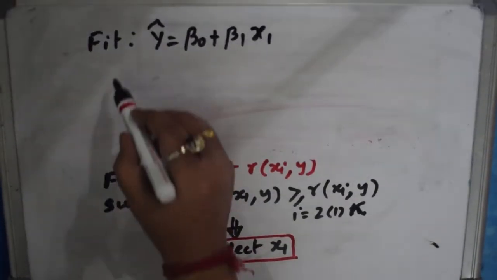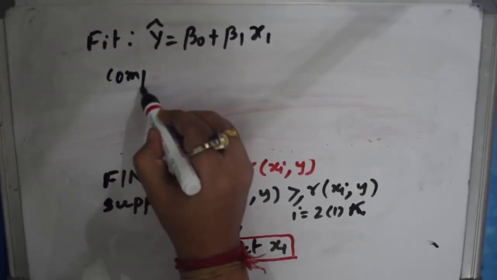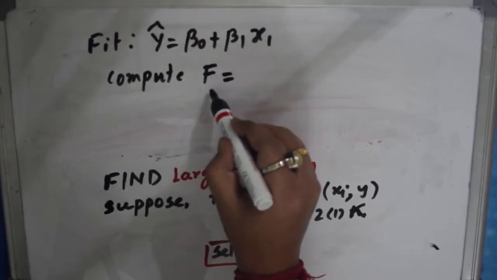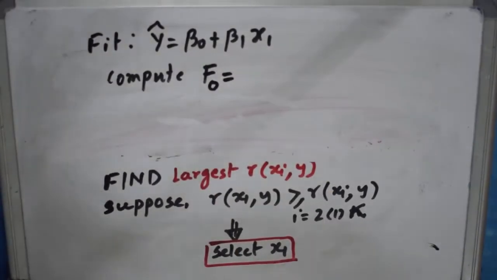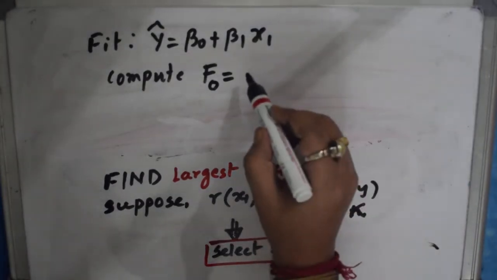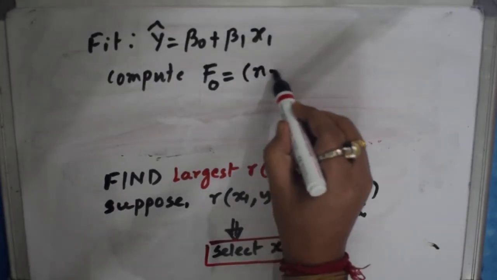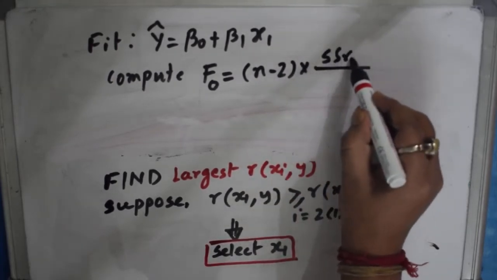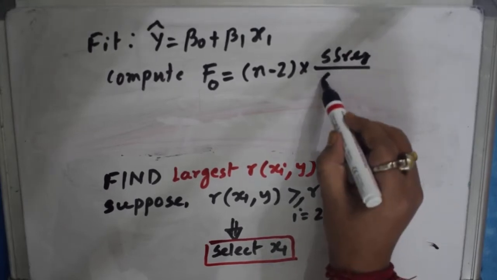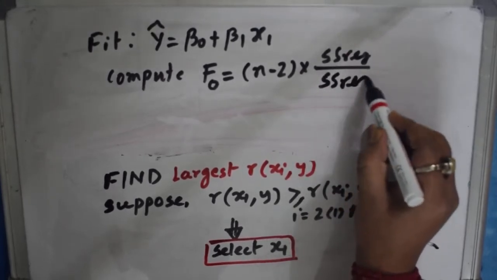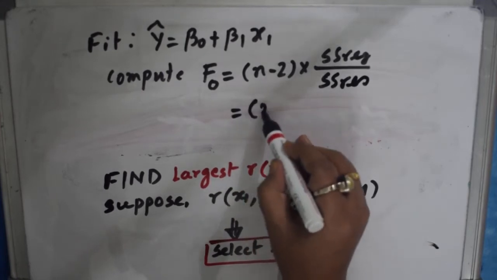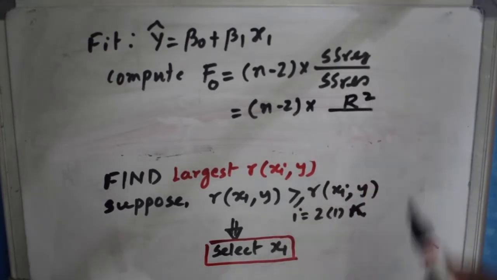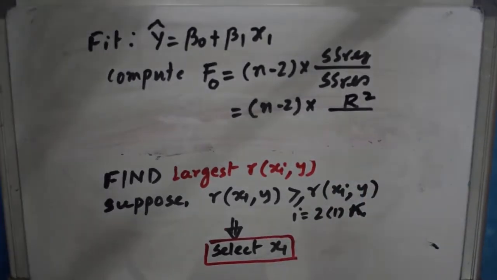Now compute the F statistic, denote this F naught, which is equal to n minus 2 times the sum of squares due to regression divided by the sum of squares due to residual, which we can equivalently write as n minus 2 times r square by 1 minus r square.